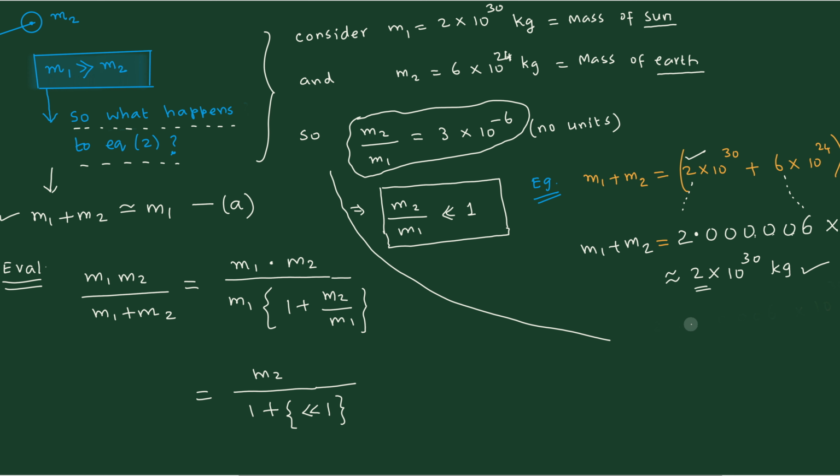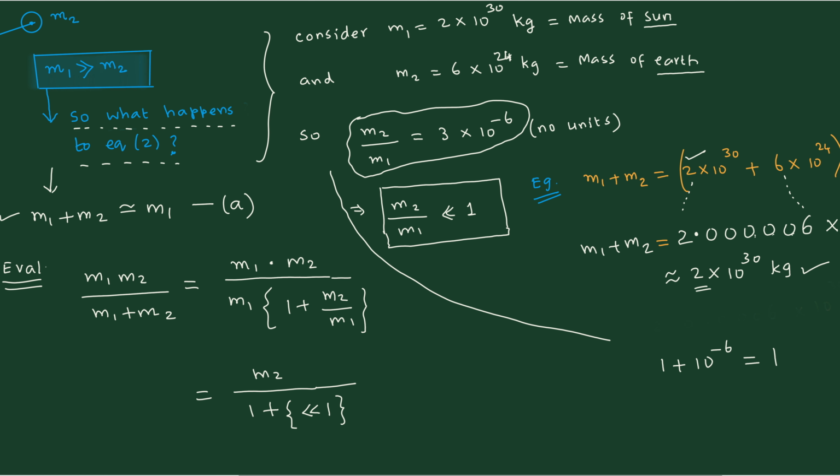That means essentially we are asking the question, what is 1 plus 10 to the power of minus 6? How much is this? We say that after adding, we will get 1 only. Because 10 to the power of minus 6, whether you add it or not, there is only a small fraction at the 6th digit. That's okay. That's not going to affect your entire calculation.